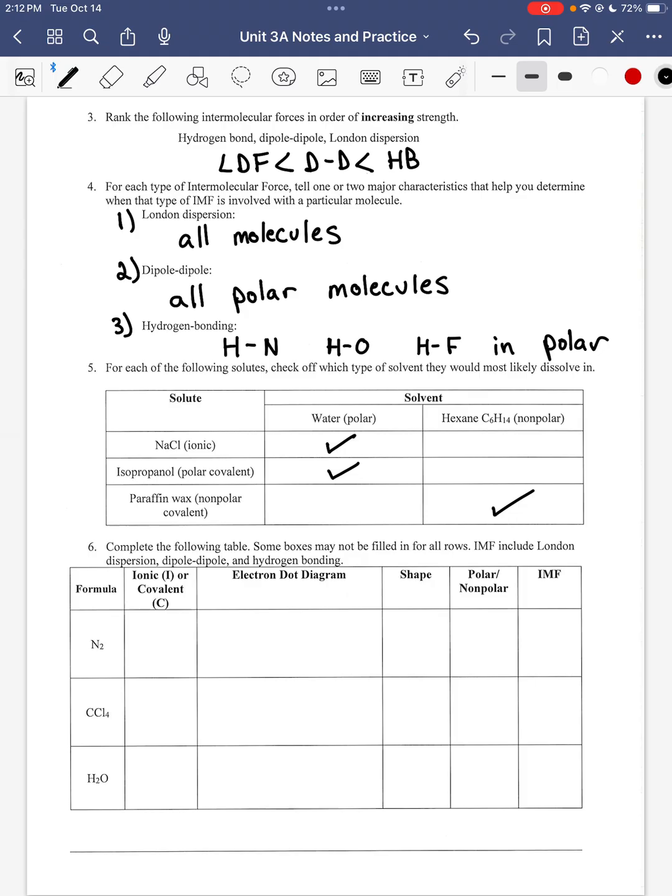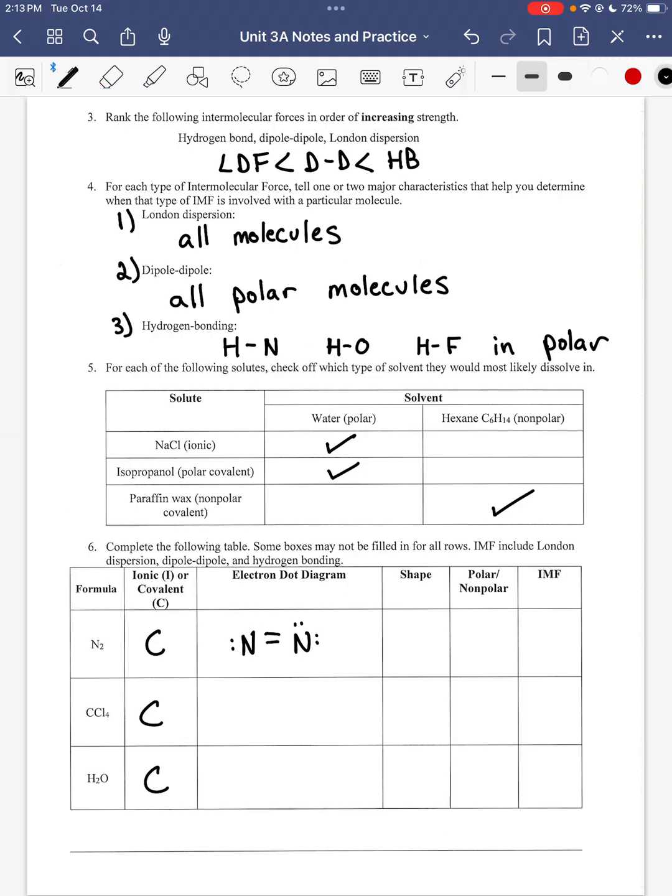Now we get into the section where we're writing a little bit about each of the Lewis structures and answering some questions. So first, I'll identify that all 3 of these are covalent because they're all between nonmetals. For my nitrogen molecule, if I draw that, I have 10 valence electrons, and clearly, if I try to share them evenly, I can't make everyone happy, so I have to start doing some double bonding.